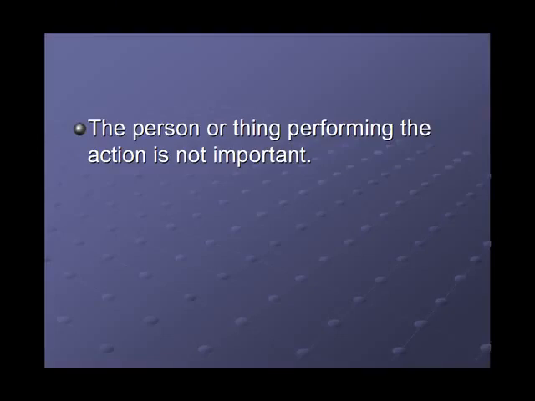The person or thing performing the action is not important. And again here, the by phrase will not be used. Sometimes it's a combination of reasons. The person or thing performing the action is not important, or maybe it's not even known.